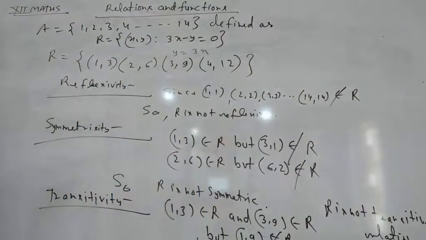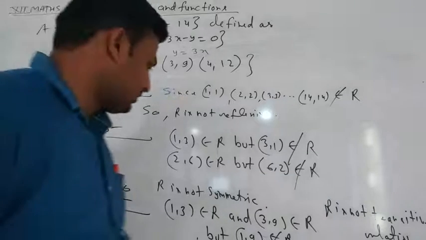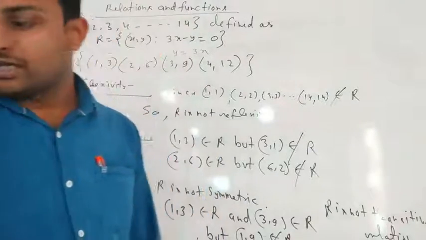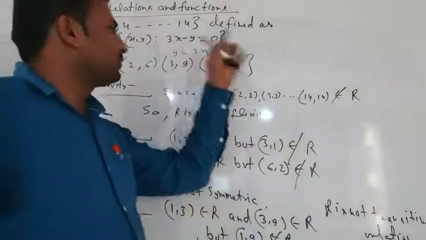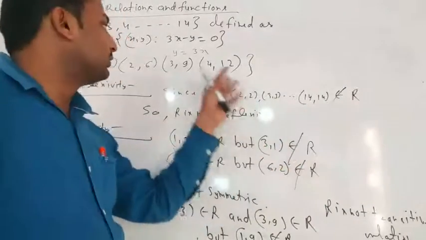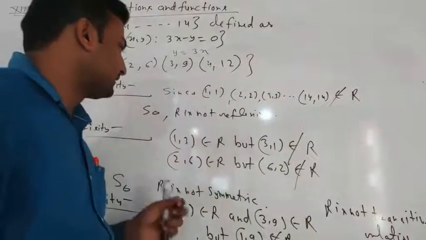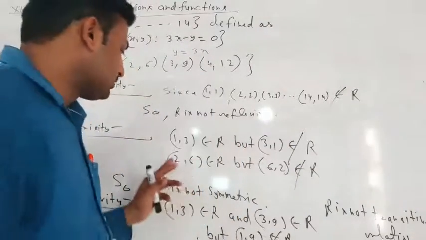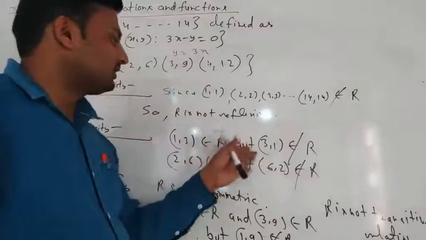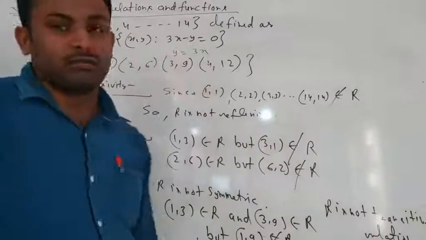So from here we can say that this relation is neither reflexive, nor symmetric, nor transitive. I hope you understand. Because (1, 1), (2, 2), (3, 3) are not in R, R is not reflexive. (1, 3) belongs to R but (3, 1) does not, so it is not symmetric.